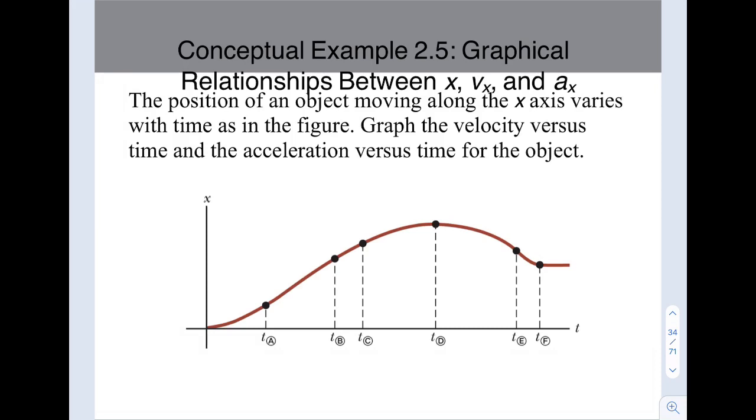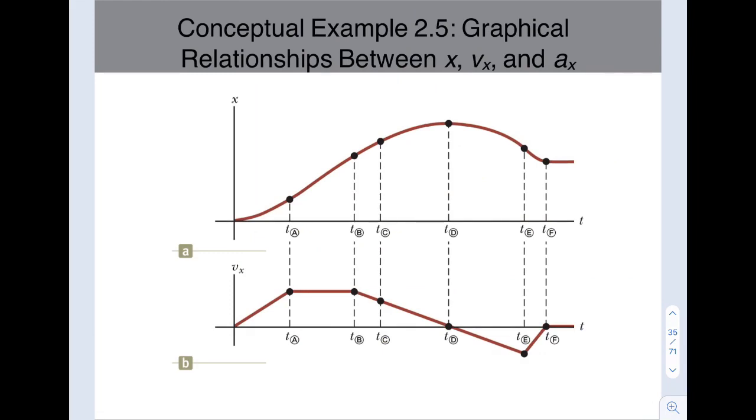So here you have x versus t. How do we get information from this x versus t graph and make another two graphs? Take a look at this. We are going to have v versus t.